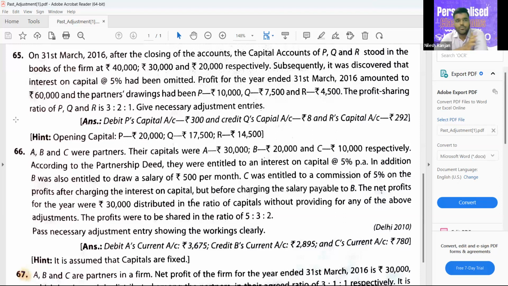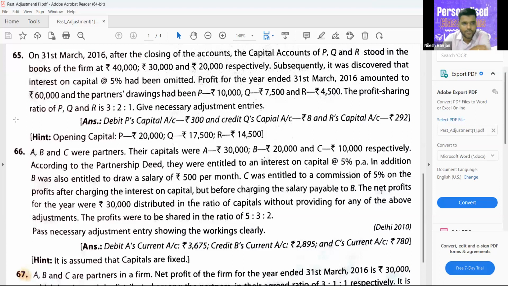Now, just tell me, is this capital balance the opening capital balance or the closing balance? It is on 31st March 2016, so it is closing capital. The year starts from 1st April and closes on 31st March.